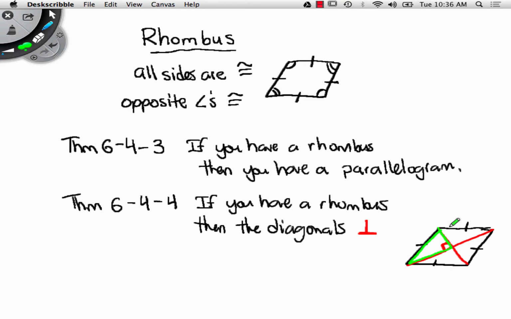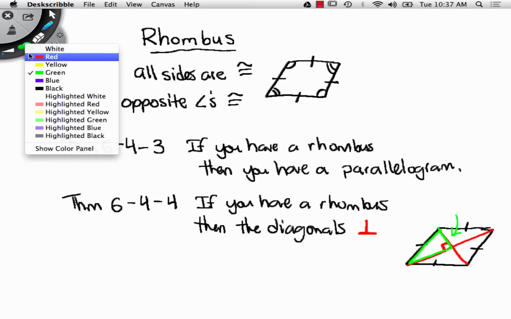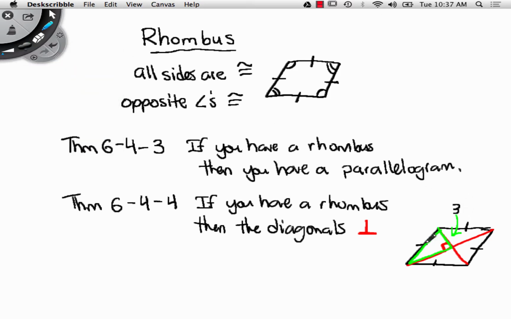So if I know that this side right here happens to be, let's say, 3, and this side right here happens to be 4, then I can figure out one of the sides of the rhombus. 3 squared plus 4 squared is 25. Square root of 25 is 5, so all of the sides of the rhombus would have to be 5. That's why it's useful to know that the diagonals are perpendicular. Okay? Does that make sense to you?